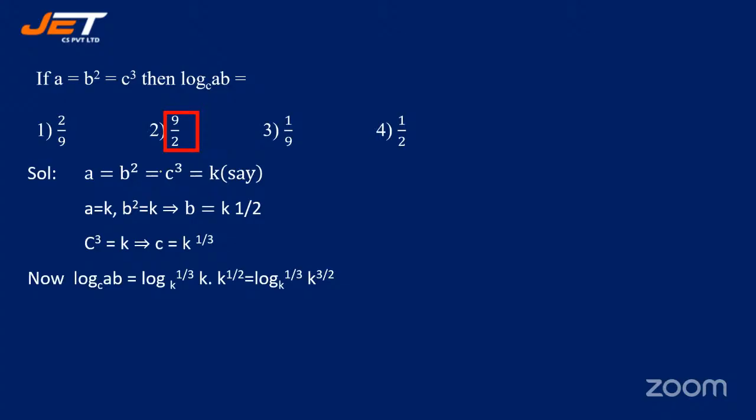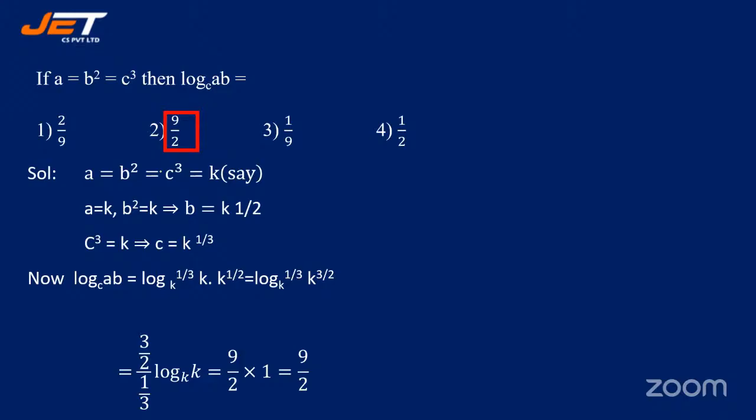Log ab base c is equal to log k to the power 1 by 3 into k, base k to the power half, which is equal to log k to the power 3 by 2 by 1 by 3 into log k base k.